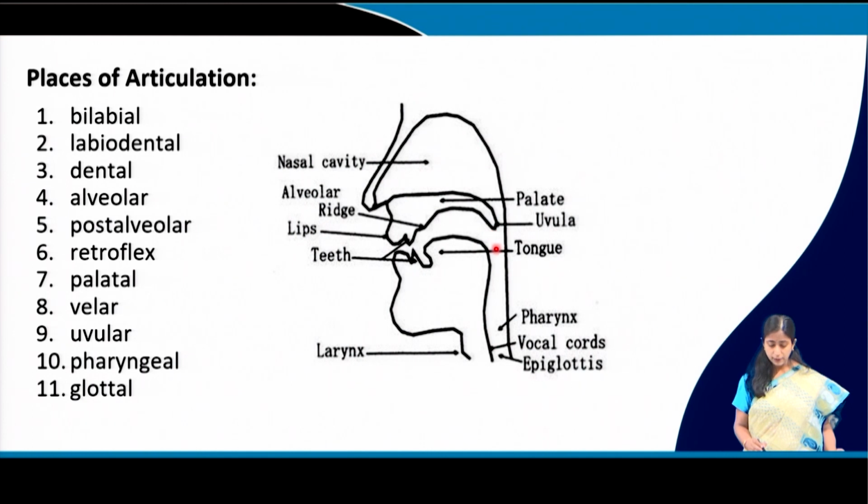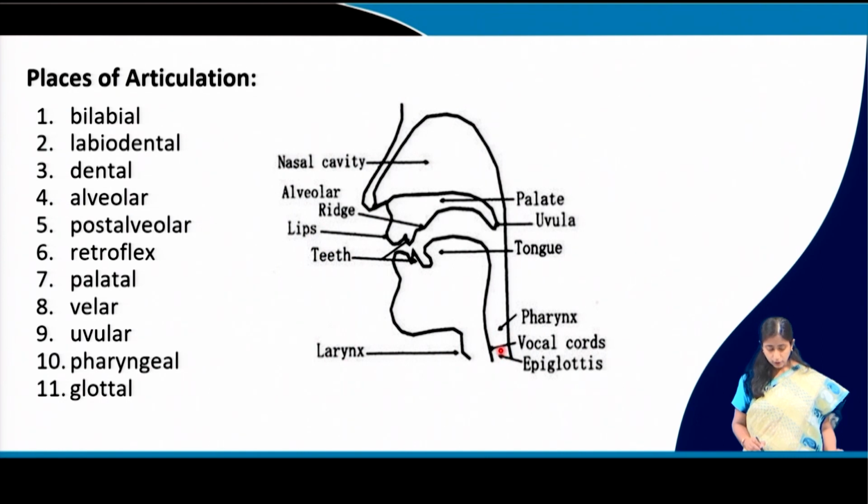Then again further back, the velum is used to produce velar sounds. You can see the uvula here, and from here the air is blocked and then we have uvular sounds, and further back when we block the air here we can produce pharyngeal sounds, which are very difficult to produce for those who do not have these sounds in their native language.